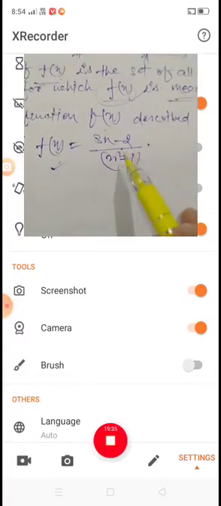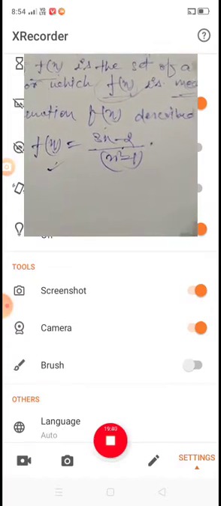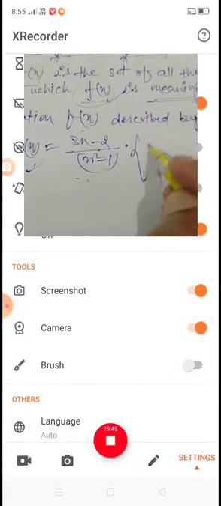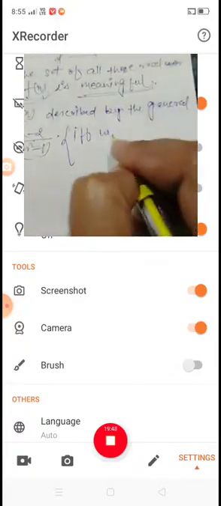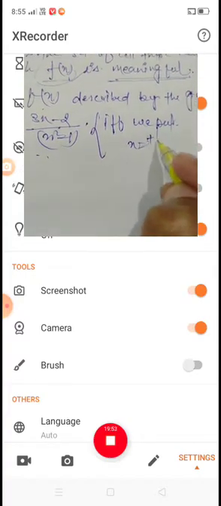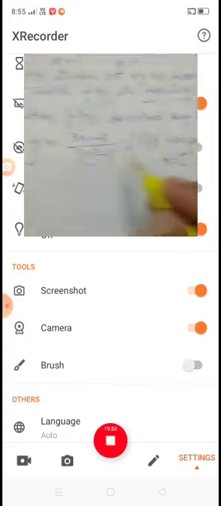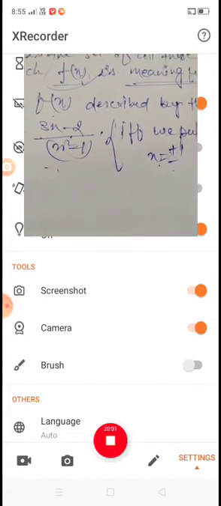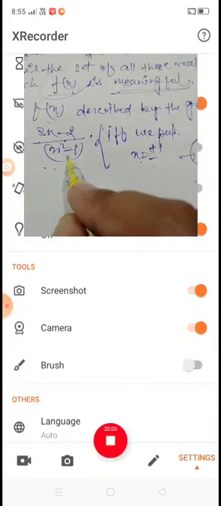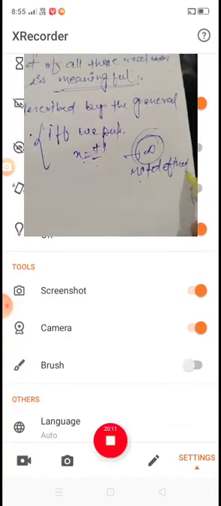Okay, it assumes real values for all real x except, suppose that if we put x is equal to plus 1 or minus 1 in this function, then we get what? Not defined, the denominator is 0, so we get not defined.